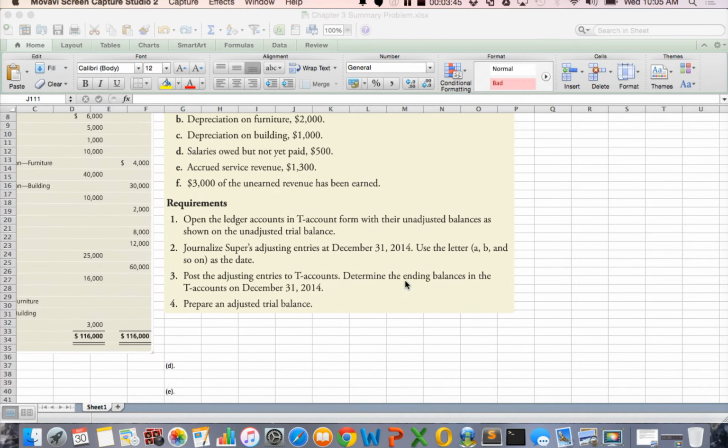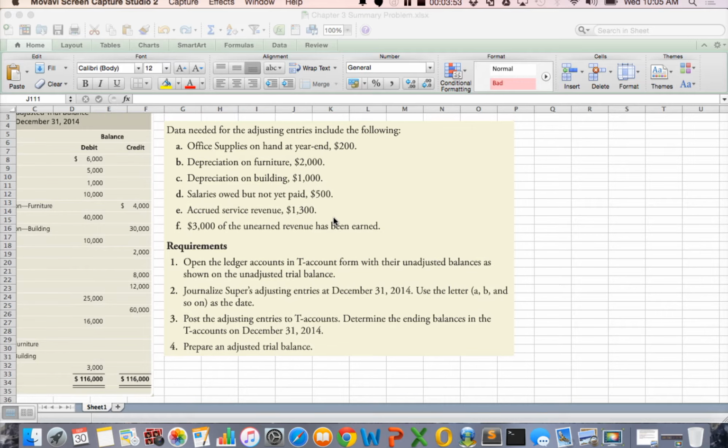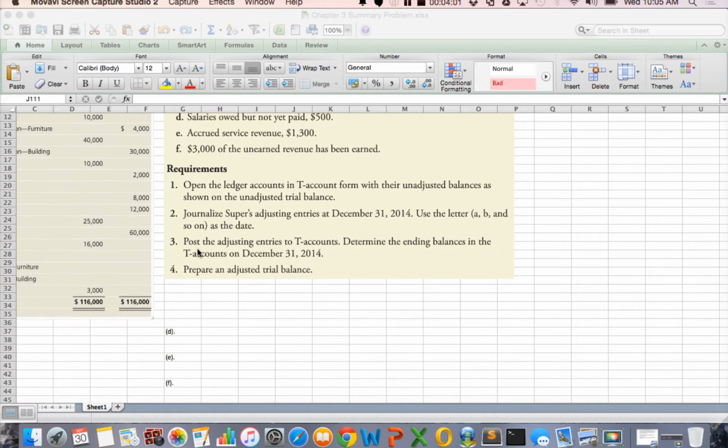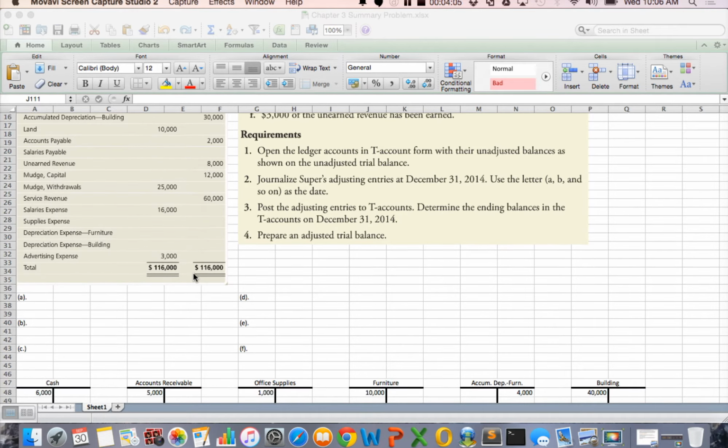So the next step is to journalize the adjusting entries for this business at December 31st, 2014. And so that's basically these transactions right here we're going to do journal entries for, okay? I have A, B, C, D, E, and F listed right here.